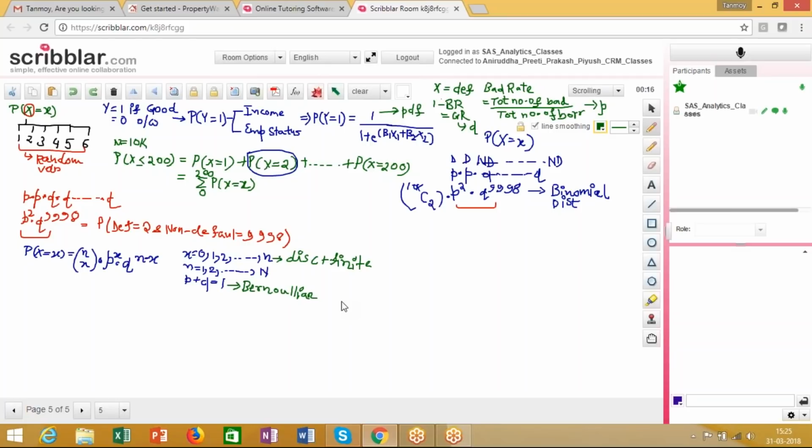So if there's a probability of heads or a probability of tails which comes up, basically, if I toss a coin, it must have two outcomes, either a success or a failure. A trial like this is called a Bernoullian trial.